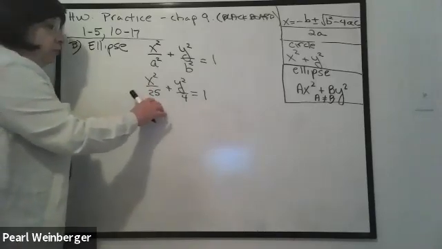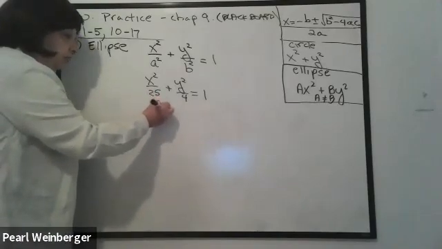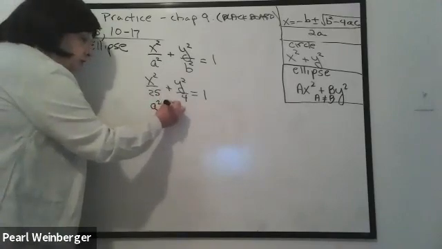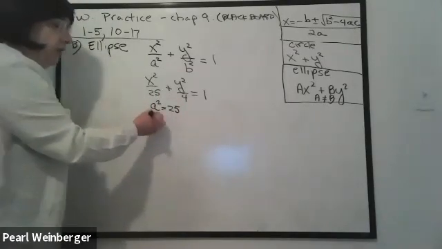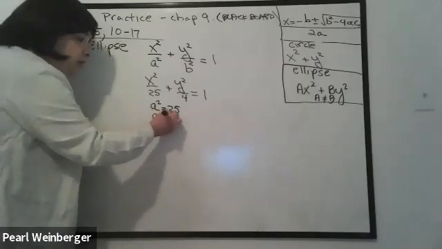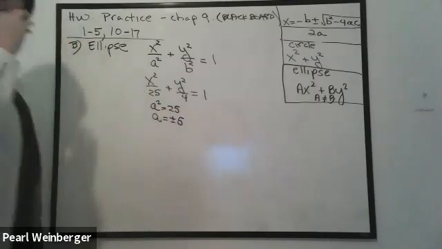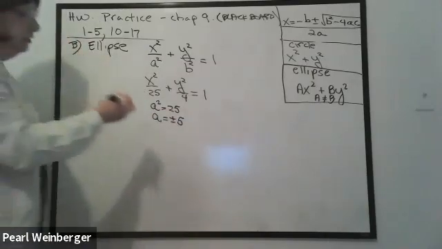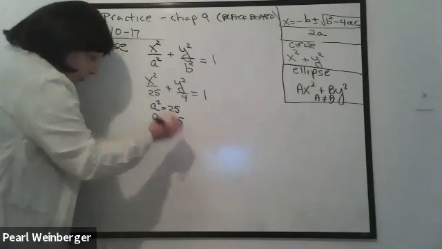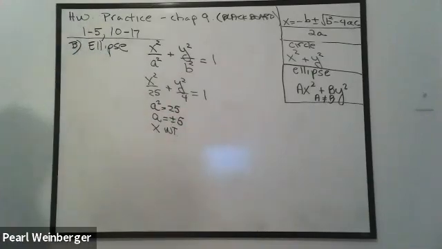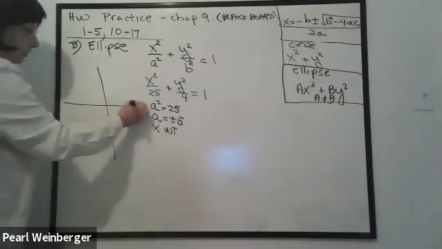Okay, the number underneath the x squared is what we call a squared. In this case, a squared is 25. And we know if a squared equals 25, that means that the a could either be plus or minus 5. Why is this number so important? Because it gives me the x-intercepts of the graph. It's telling me where this graph is going to cross the x-axis.